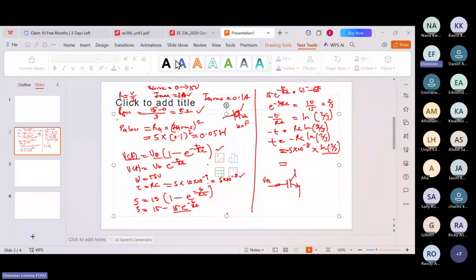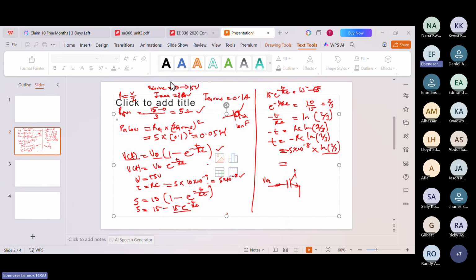Now that we know the duty cycle, the next step is to calculate the average value of IQ. We know that these are standard waveforms, and we know the expressions for them already. It is given by A plus B divided by 2, multiplied by the duty cycle. A is the minimum current, B is the maximum current.